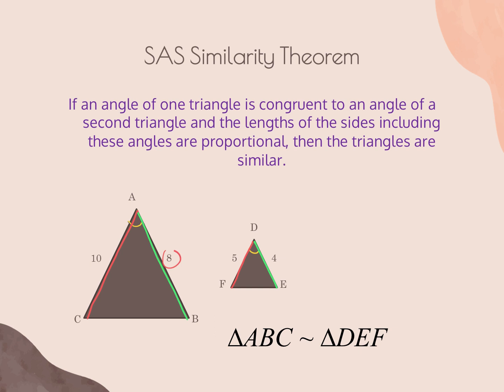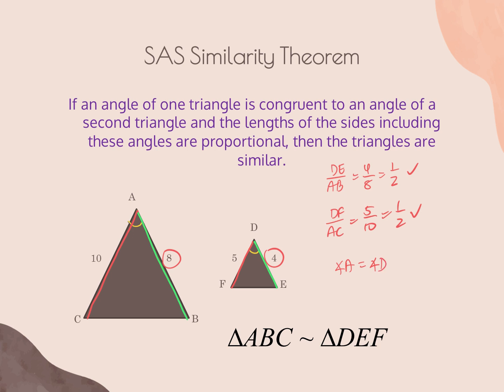If we can prove that AB and DE have a particular scale factor, I'll do small over big, so DE over AB, that's 4 over 8, which is 1/2. If that ratio matches DF over AC, which is 5 over 10, also 1/2, those two sides are proportionally similar. So I have two sides that are proportionally similar, and I have an included angle, angles A and D are congruent.